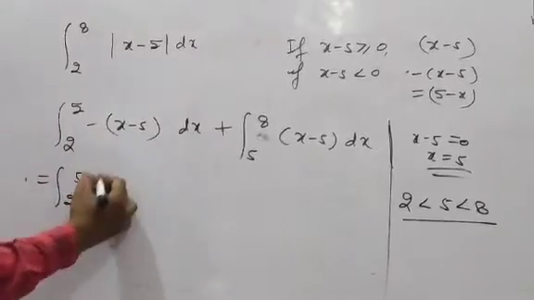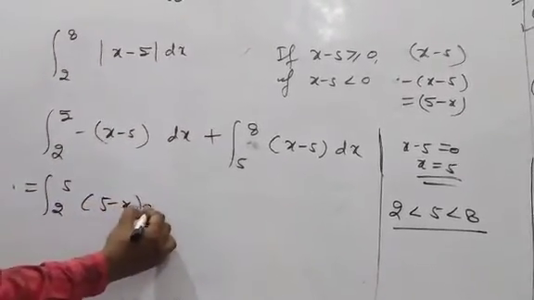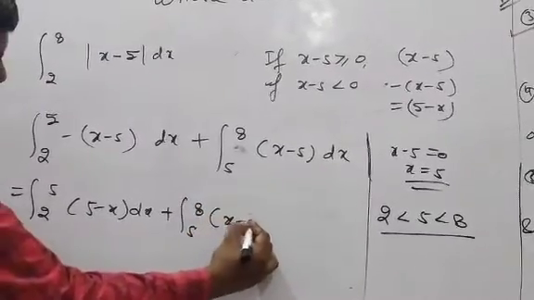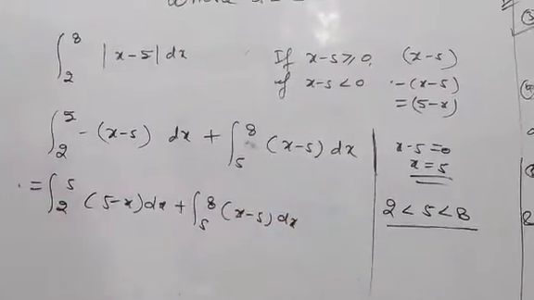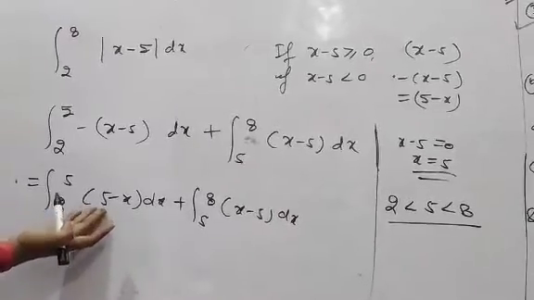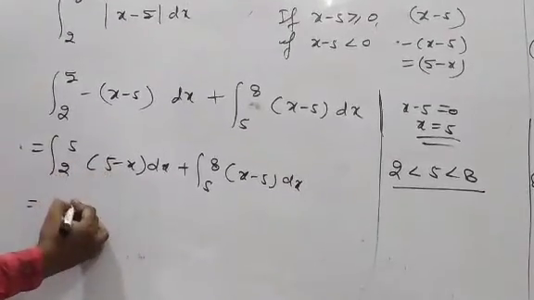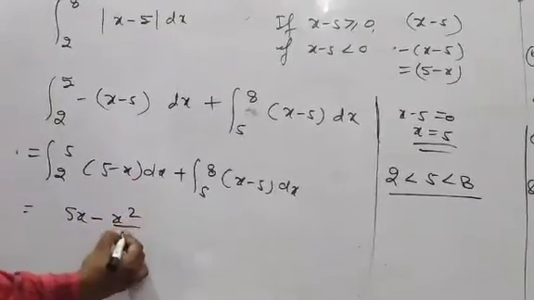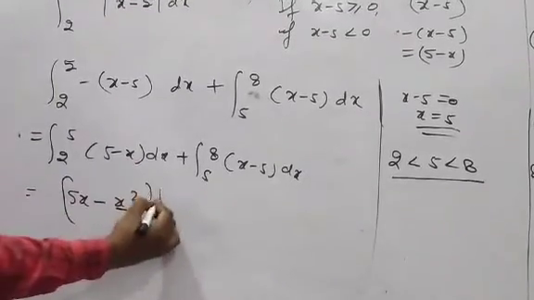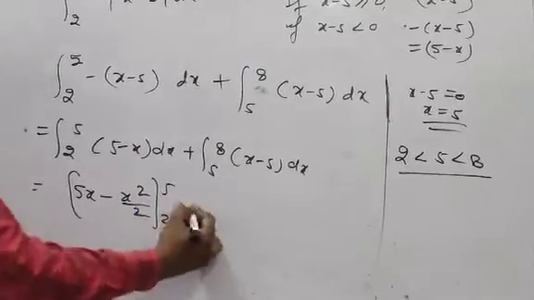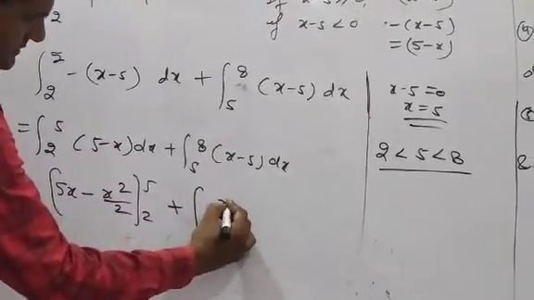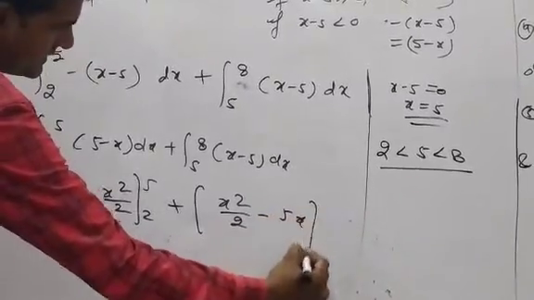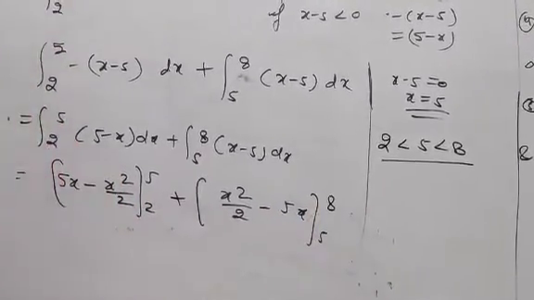Then the integral from 2 to 5 of 5 minus x dx plus the integral from 5 to 8 of x minus 5 dx. After that, simply integrate. The integral of 5 is 5x, x is x square by 2, with limits 2 to 5, plus x square by 2 minus 5x with limits 5 to 8.